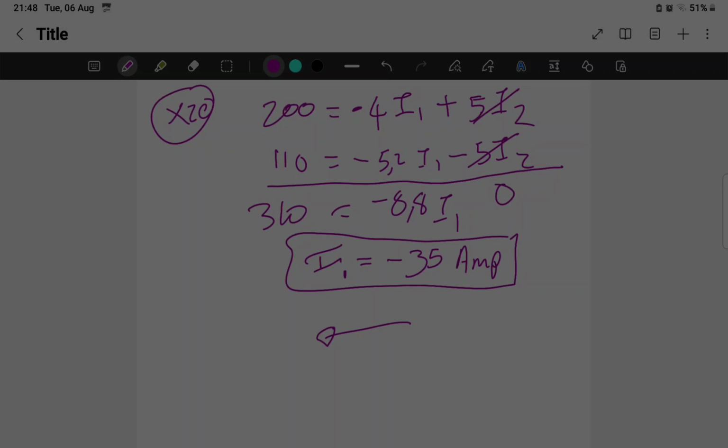Negative 4 minus 5.2 equals negative 9.2, and then we have I1 which is equal to 310 over negative 9.2, and your I1 is negative 33.69 amps.